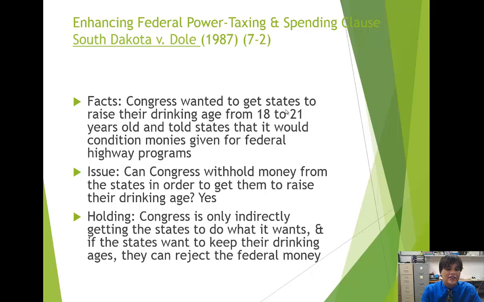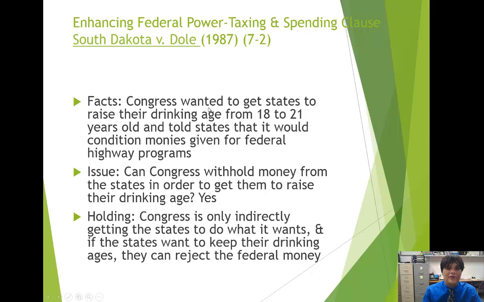And Congress says, okay, playing a little bit of politics here, if you don't want to raise it to 21, we just won't give you any money for the federal highways. For any federal highway programs, you don't get that money. And South Dakota was one of the states that held out for a really long time, along with Louisiana. I don't know if any of you have been to Louisiana, but Louisiana has terrible roads because Louisiana didn't raise its drinking age until, I believe, the early 2000s.